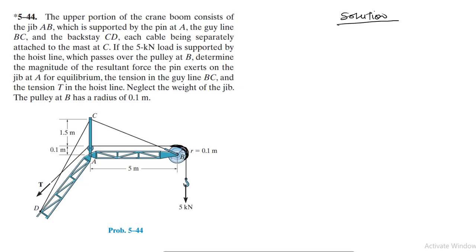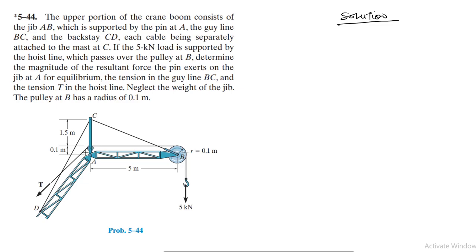We are assuming there's no friction between the cable and pulley B, and no friction over the small pulley just above A. These assumptions we need to make, because if there is friction, then the calculations have to be done differently. So friction is neglected, or is negligible, over pulley B and over the pulley just above A.